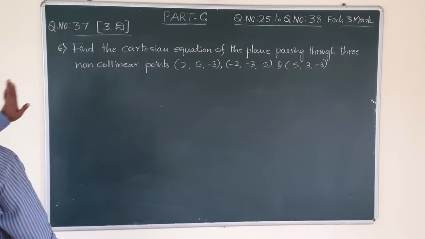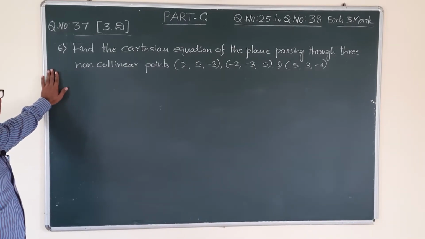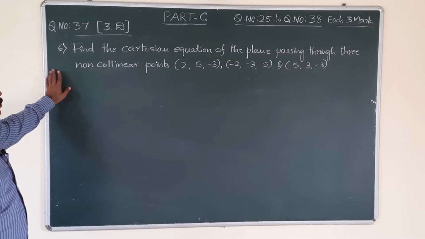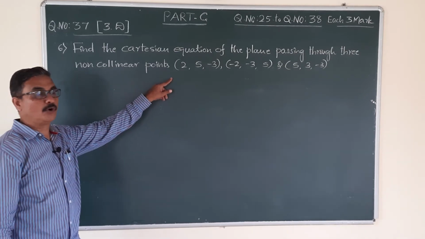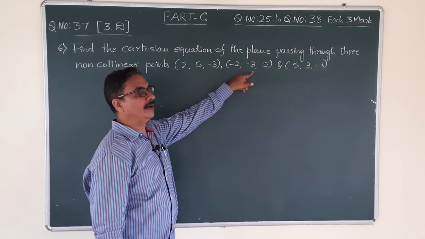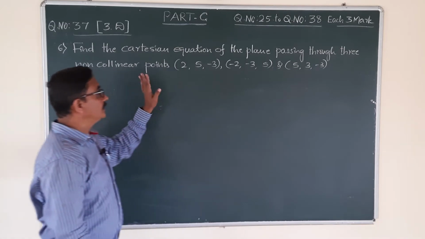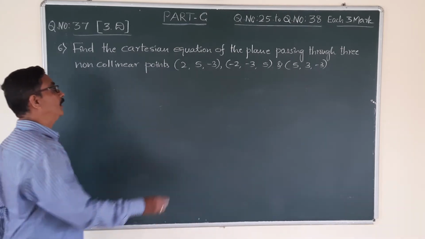Okay. Next problem: find the Cartesian equation of the plane passing through three non-collinear points (2, 5, −3), (−2, −3, 5) and (5, 3, −3). Three non-collinear points are given.